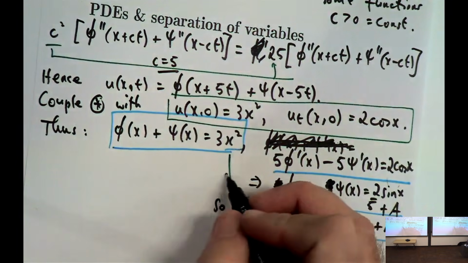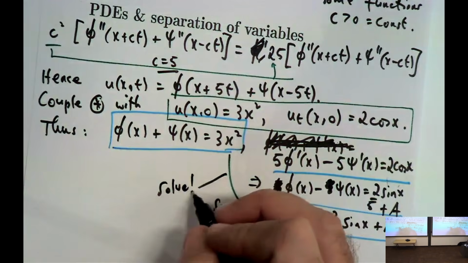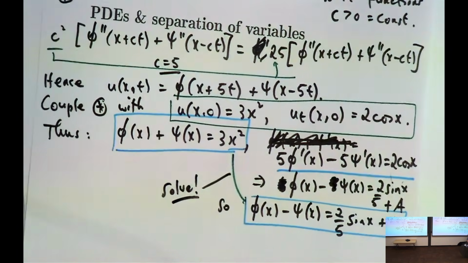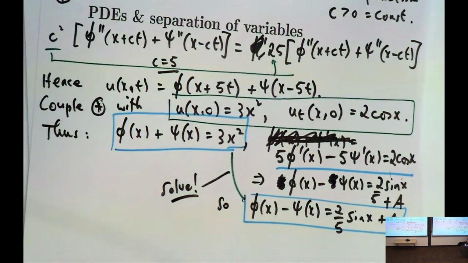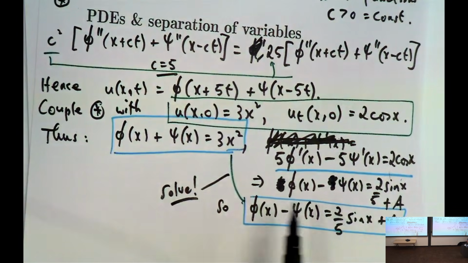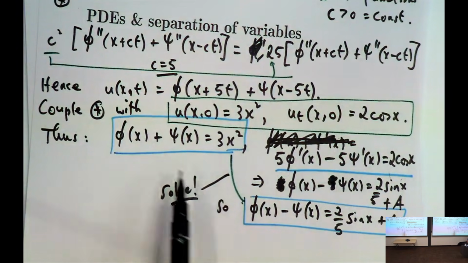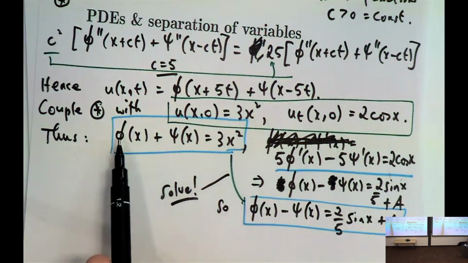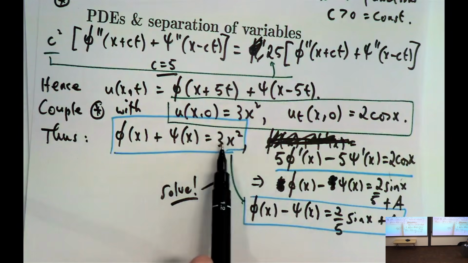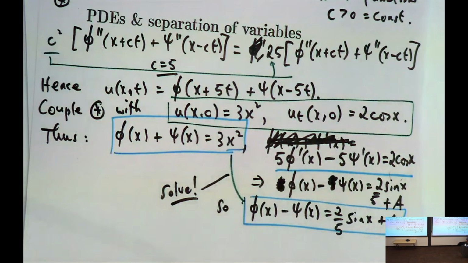Okay. So you're going to get that plus that. So phi is going to be that plus that all divided by 2, right?